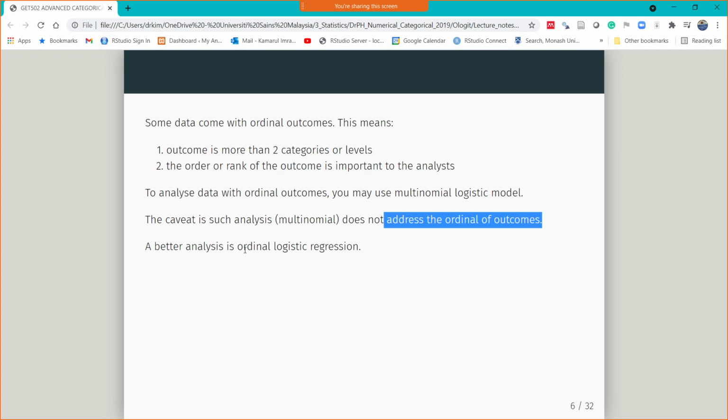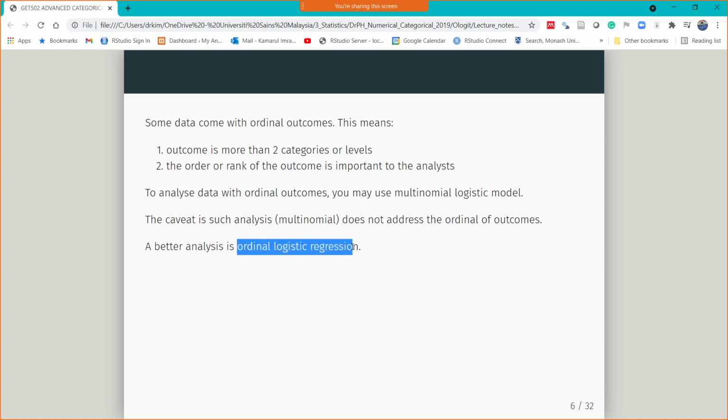However, it is not the only model or the only analysis available to analyze data with ordinal outcome. Ordinal logistic regression is quite specific, but there are a few more models when we want to analyze data with ordinal outcome.